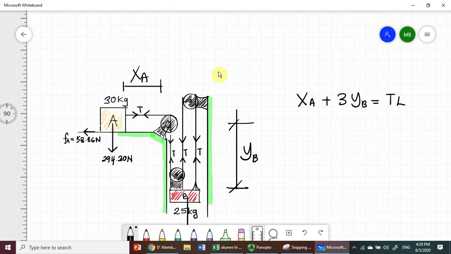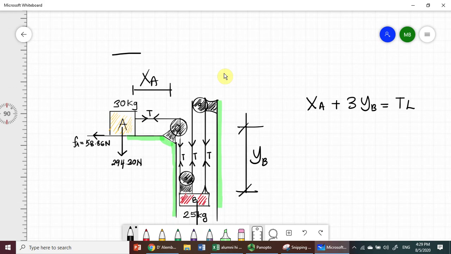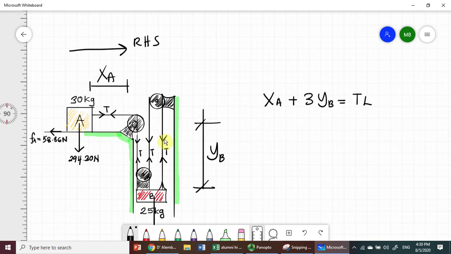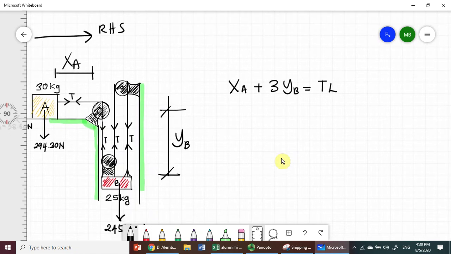Now, since we have established that our block A is going to be moving to the right-hand side, what does that mean? What will happen to the length of cable XA? So when our block A moves to the right-hand side, the cable of XA will decrease. It means reduce. So when it reduces, it means our velocity will be negative. Yes, that's right. So now, how about block B?